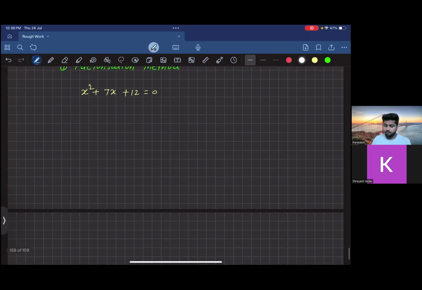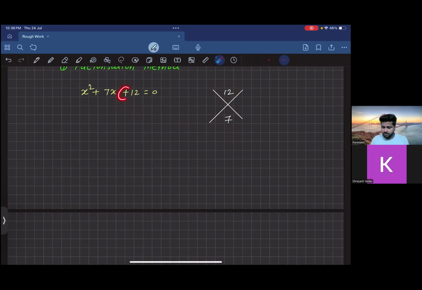So here we will find the factors. I will take this 12 over here and 7 here. I will think about two numbers whose product is 12 and whose sum is 7. If it is a plus sign, then I need the sum to be 7.